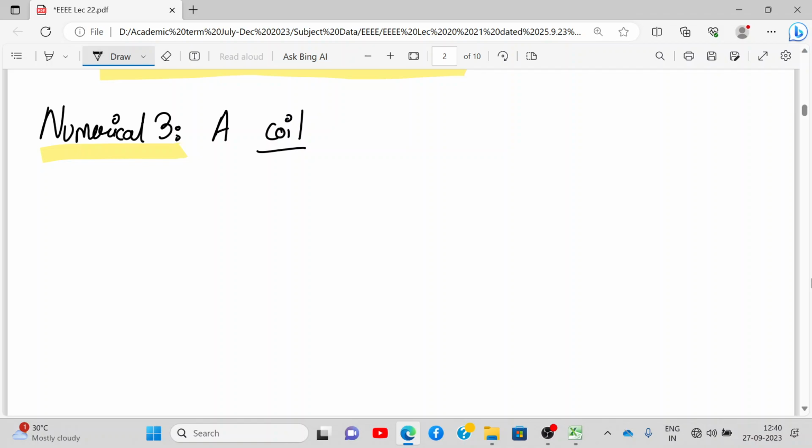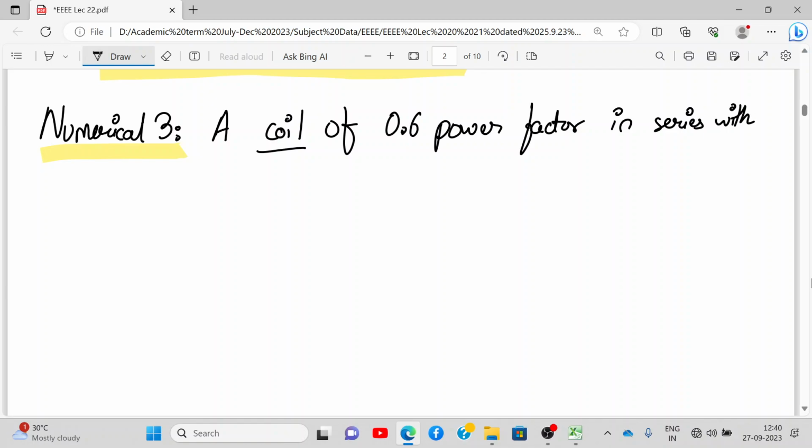Inductor and internal resistance. So a coil of 0.6 power factor, please write down the statement, of 0.6 power factor in series with a 100 microfarad capacitor connected to a 50 hertz supply.